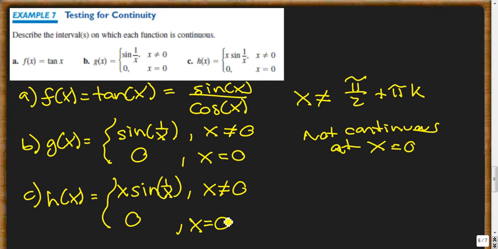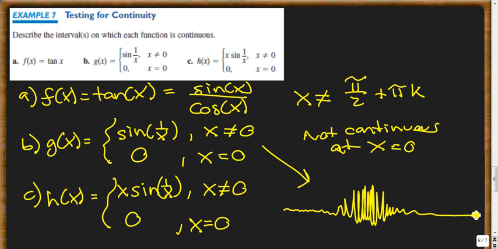Now, this graph is very interesting. The top one, this one down here, is behaving kind of oddly, but it gets very, very crazy right around 0, and we can't really pinpoint where it is in the middle.